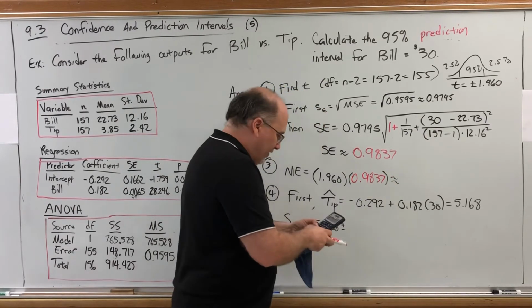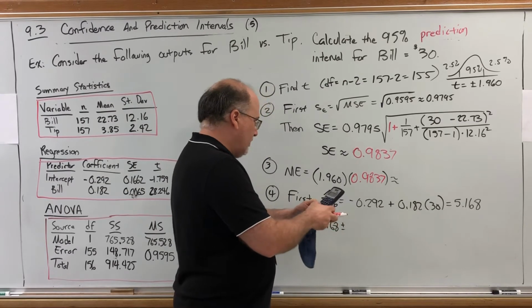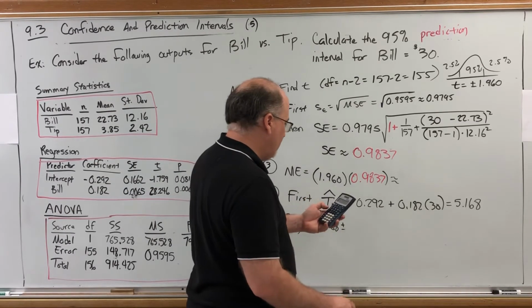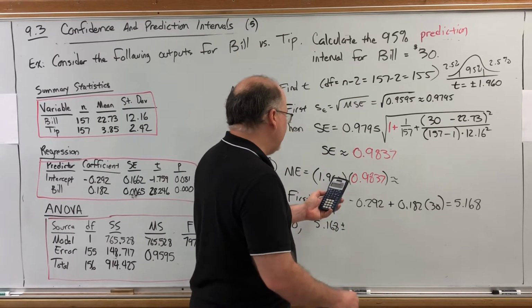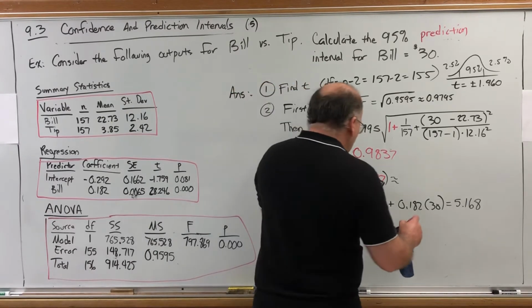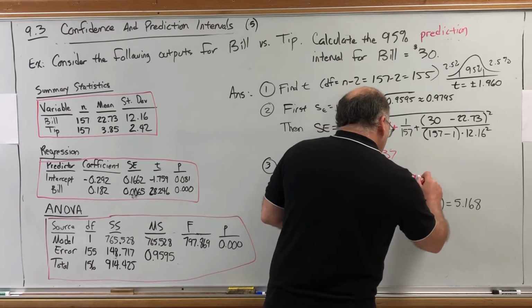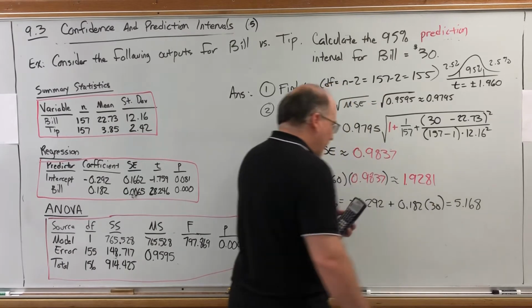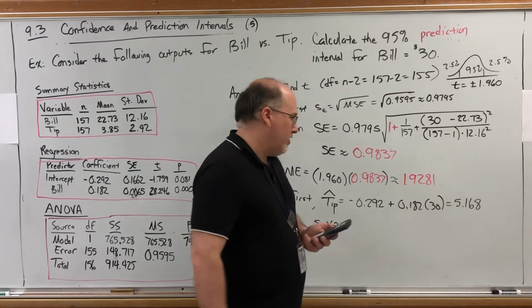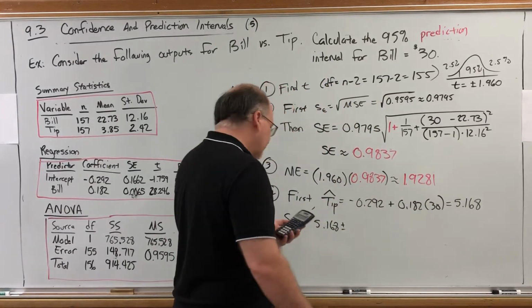And if we multiply those, we get, did I type that right? I did, 1.9281. If I recall correctly, the previous margin of error was around 17 cents.